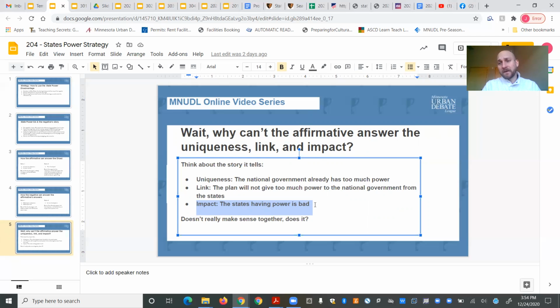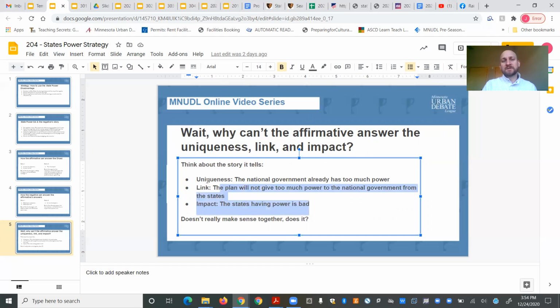At the end of the debate, as the negative, you just have to remember you want to keep the three parts of the disadvantage going, the uniqueness, link, and impact, so that you can tell the story saying that the disadvantage creates harms that are greater than the benefits of passing the case. If you're the affirmative, you want to basically do the opposite of that, right?